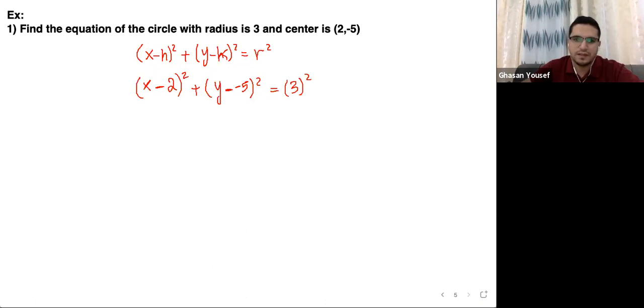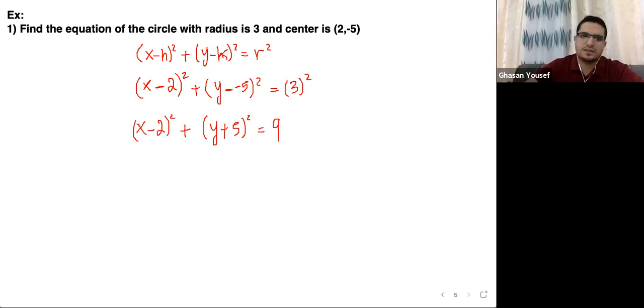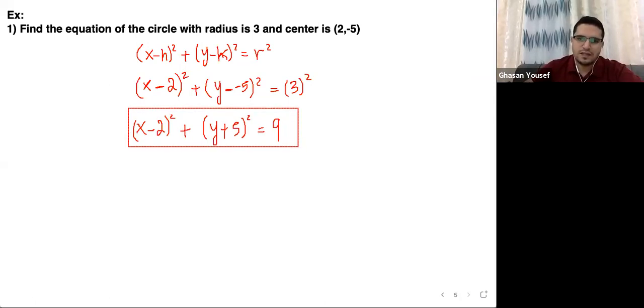Now I get (x minus 2) squared plus y minus minus, minus times minus is positive, so I get y plus 5 squared, equals 3 squared, which is 9. So this is the equation of the circle: (x minus 2) squared plus (y plus 5) squared equals 9.